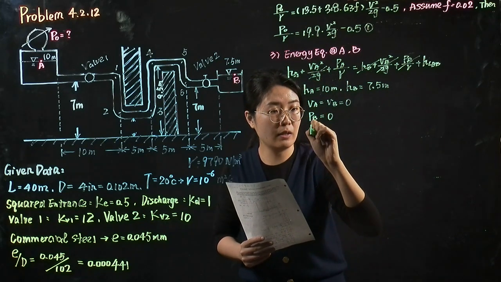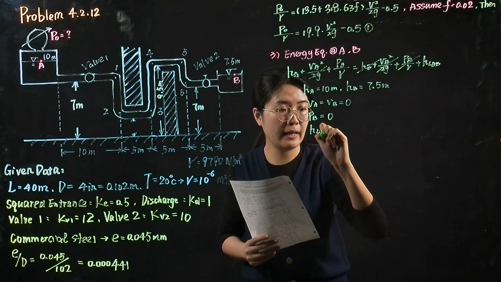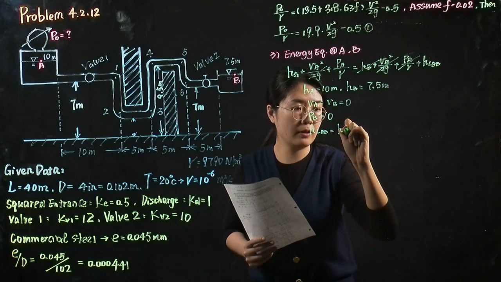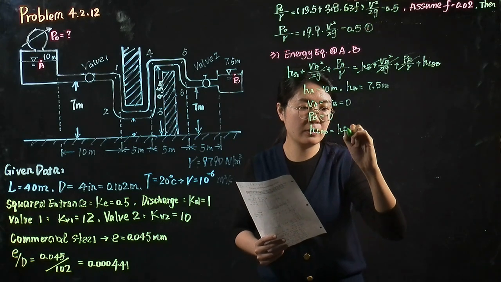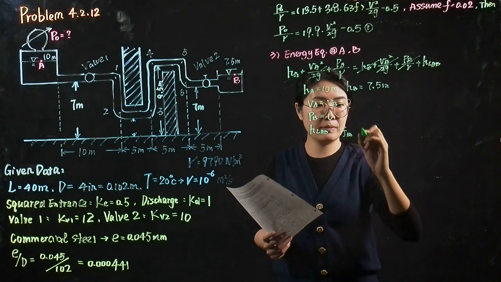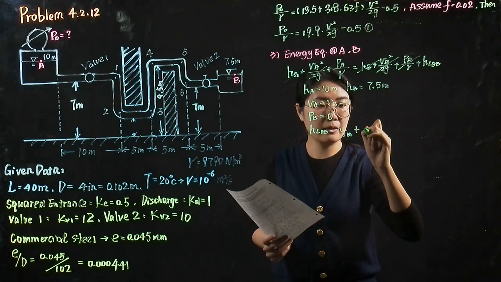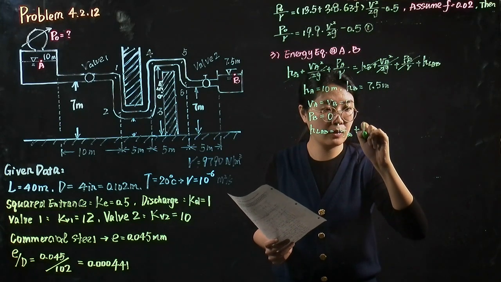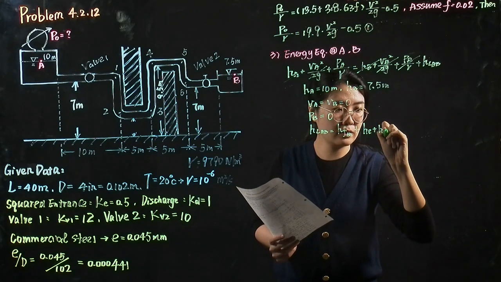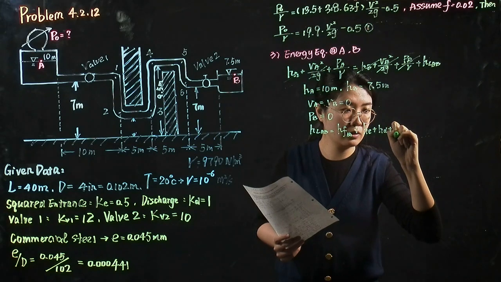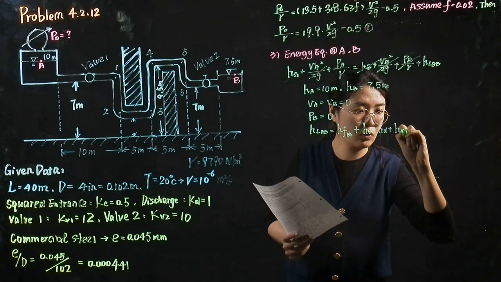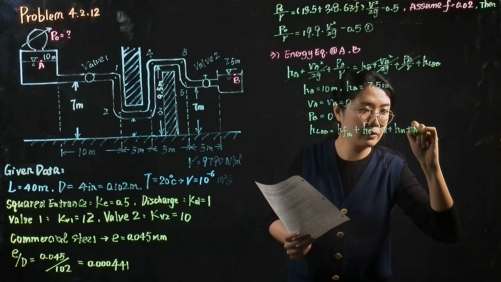The head loss from point A to point B equals the friction loss along these two points plus the minor losses, which are the entrance plus the discharge, and the loss caused by the two valves.